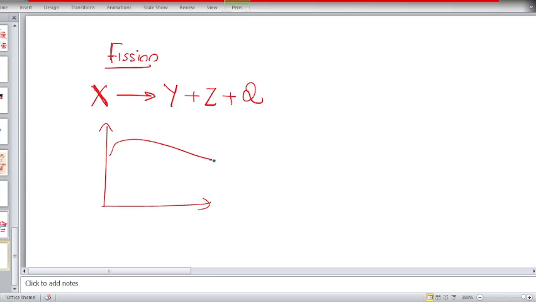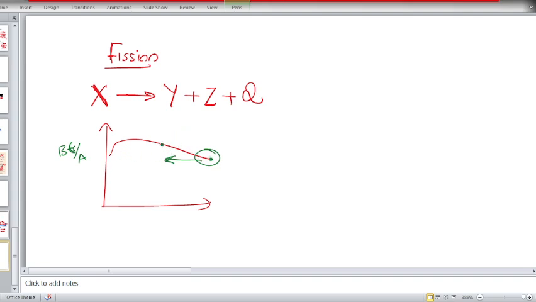take this portion, that will undergo fission and reduce its size, becoming lighter nuclei. That will increase the binding energy per nucleon of those nuclei, and they attain more stability, because here we have very little binding energy per nucleon.